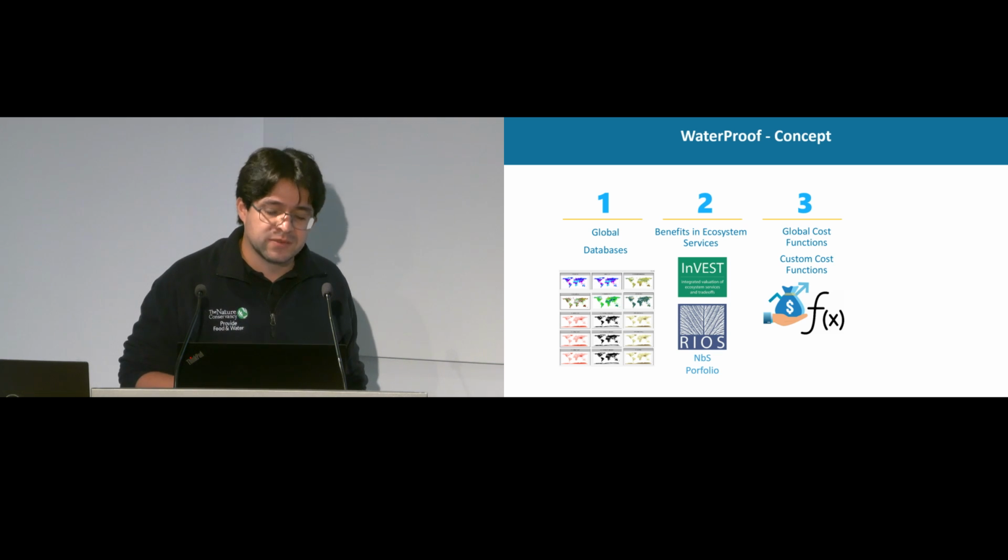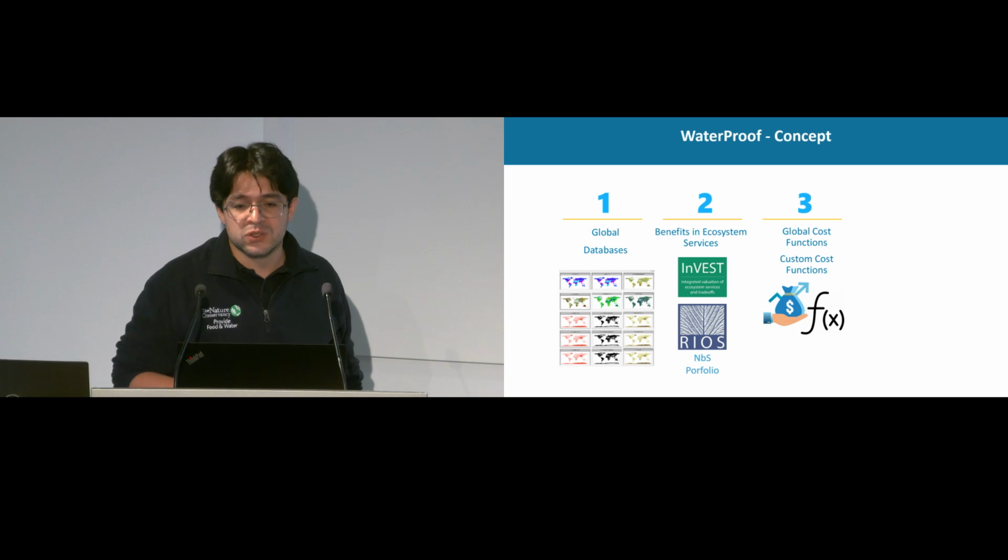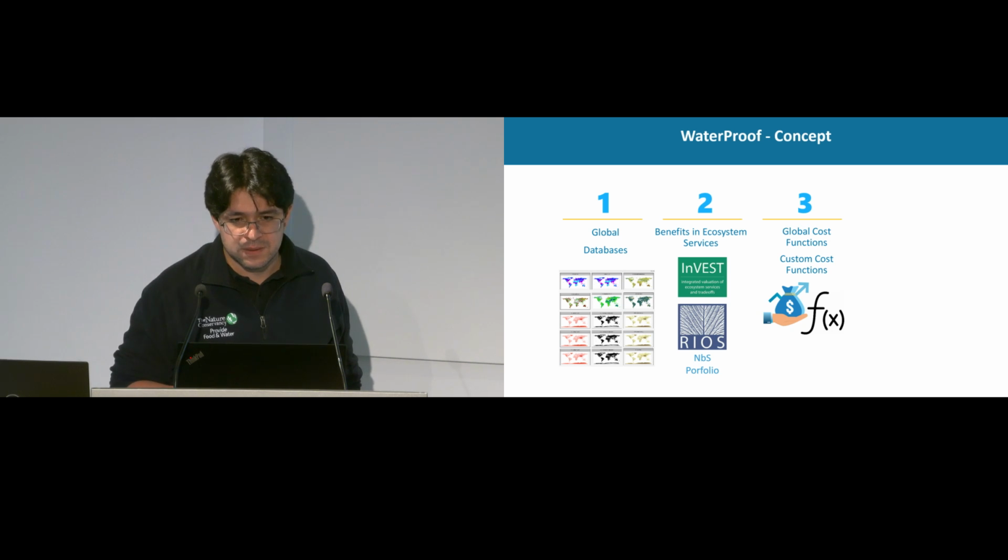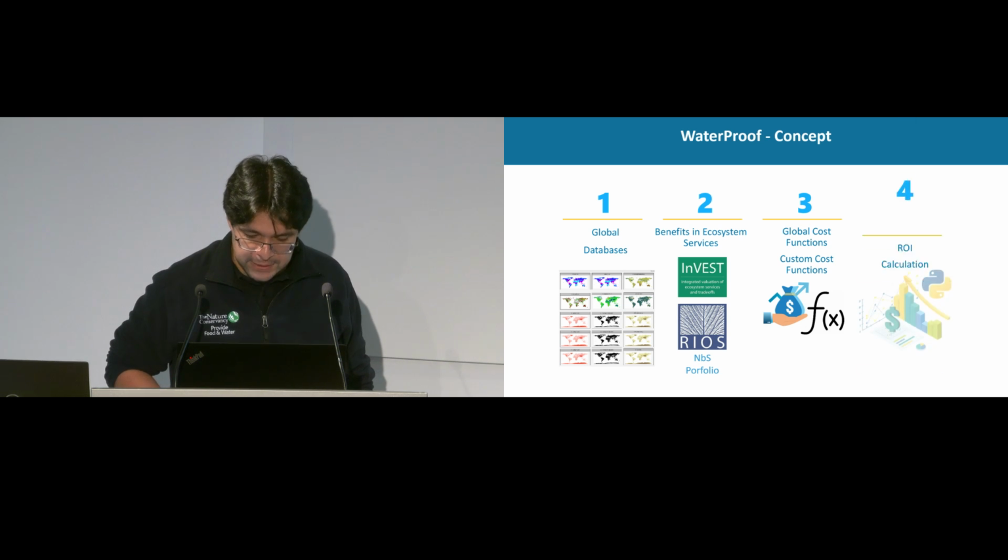So we can predict, for example, if you reduce your sediment delivery ratio in the basin, how it is going to affect, for example, the use of the chemicals in the flocculation process in the drinking water treatment plant. That's the process that we are using in this case, right?